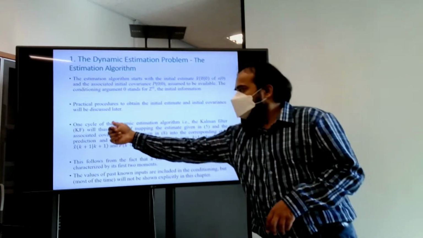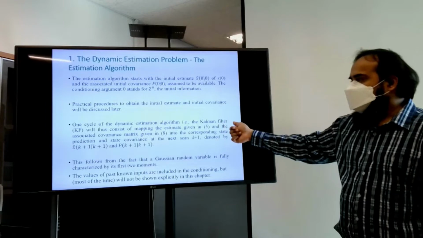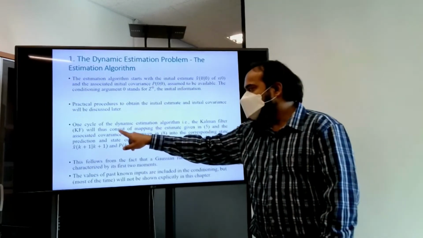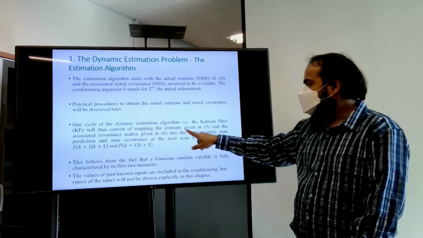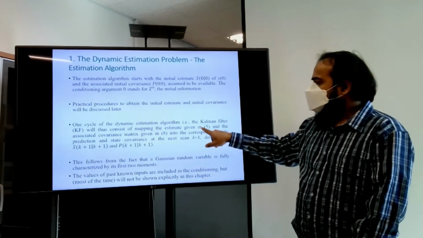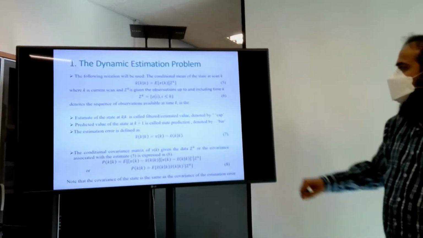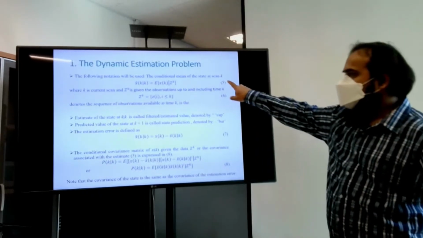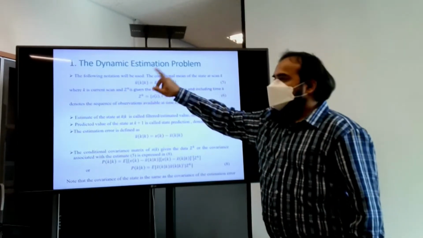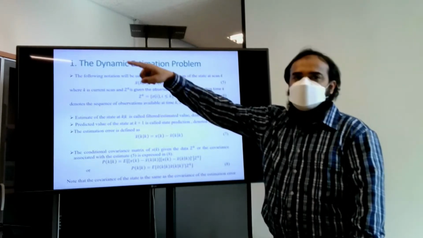So one cycle of the dynamic estimation algorithm, for example the Kalman filter, will consist of mapping the estimate given in equation 5. The first value is assumed to be known; if it is not known, it will be calculated.